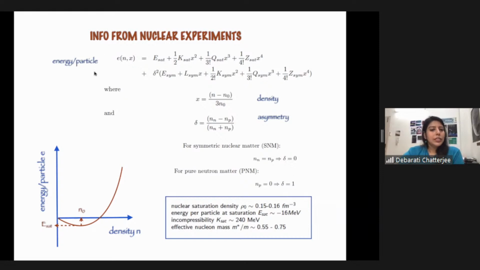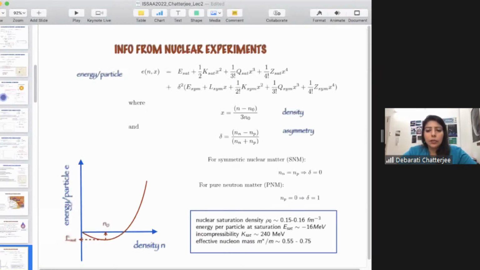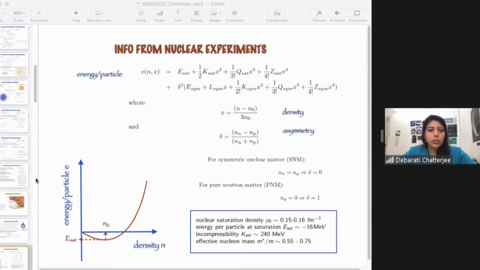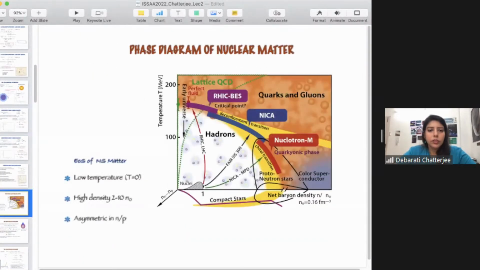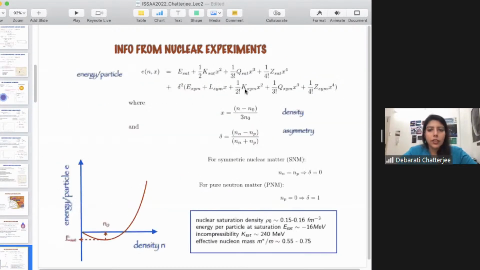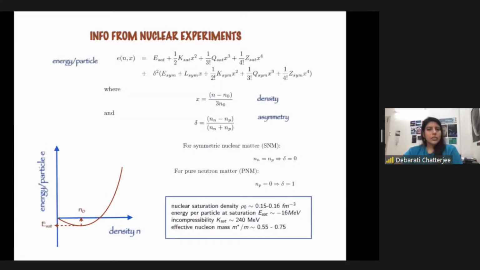So now you have this energy per particle of nuclear matter that can be expressed as a Taylor series of all these quantities. These are called empirical saturation parameters. And you have all these symmetry terms that are coefficients of the asymmetry. Okay, so very simply, here you see at the bottom, these are things that can actually be measured in nuclear experiments.